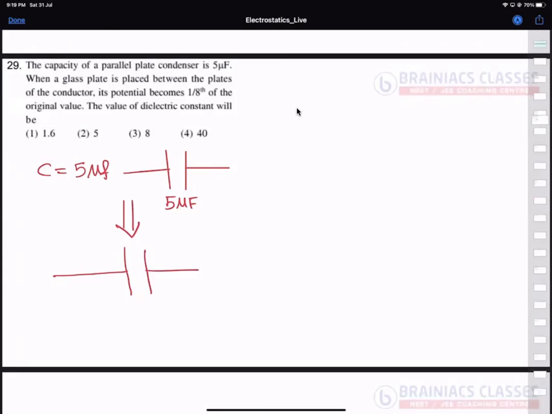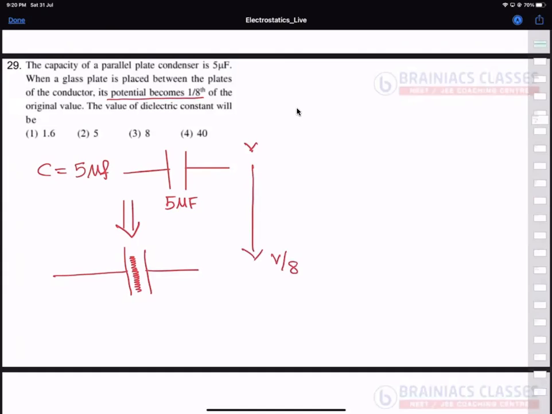So if you have placed some kind of a metal in between the plates of the capacitor, the question says the potential becomes 1/8. Initially the voltage was V, now the voltage drops to V/8.